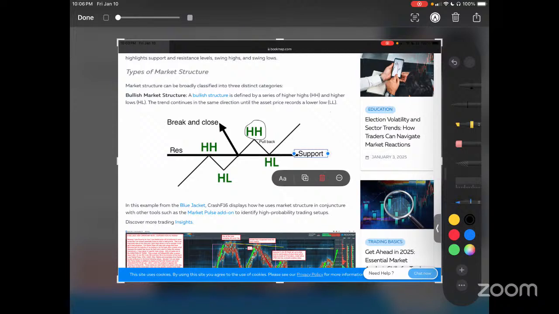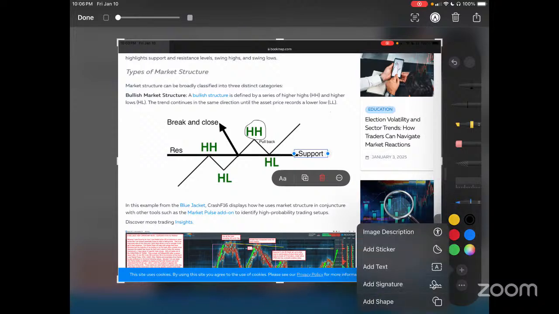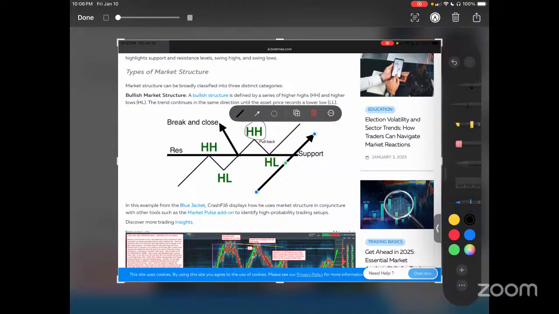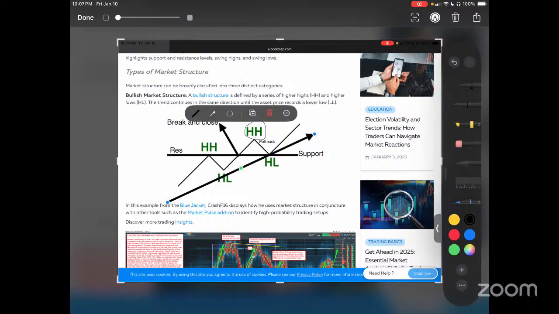Resistance broken turns to new support. If a high is broken, that high will turn to a new higher low. Hence, the direction going to the upside. All right.